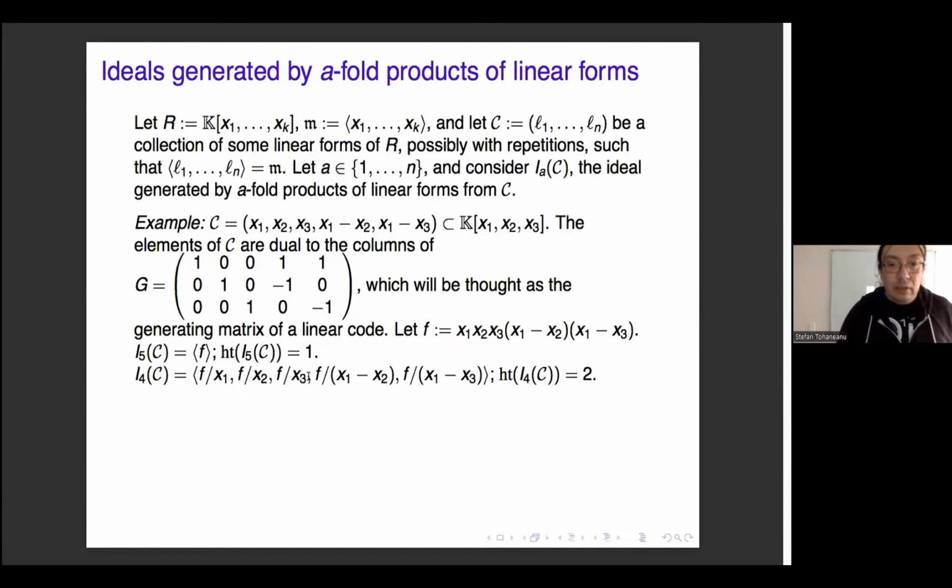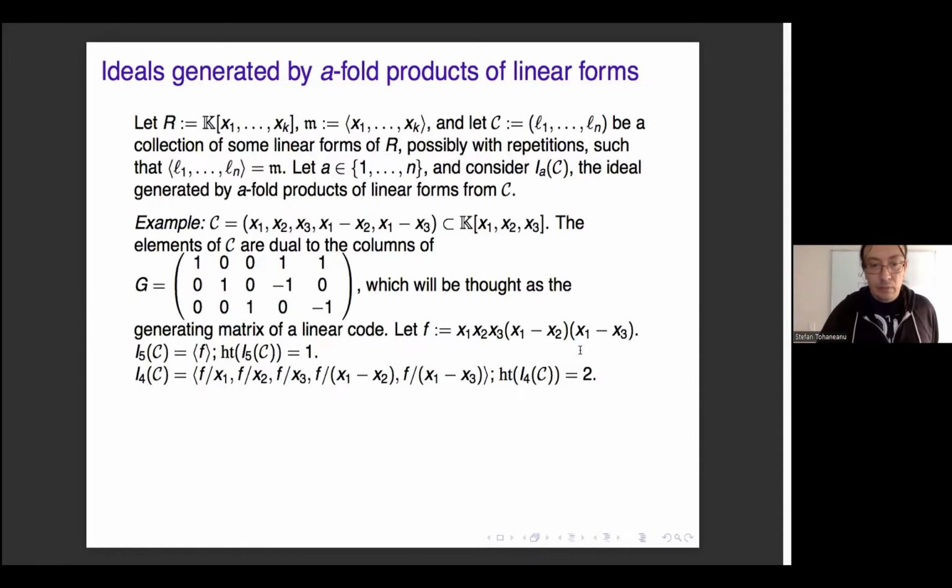Now, this is an easier way to write all the 4-fold products and fit in a slide. So I4 is generated by all 4-fold products. The first one is F over X1, meaning X2 times X3 times X1 minus X2 times X1 minus X3, and so forth. The height is 2.